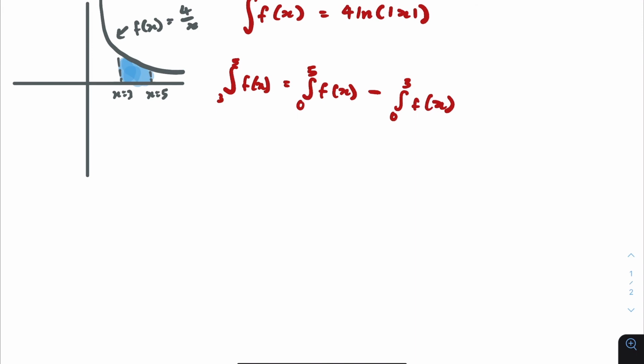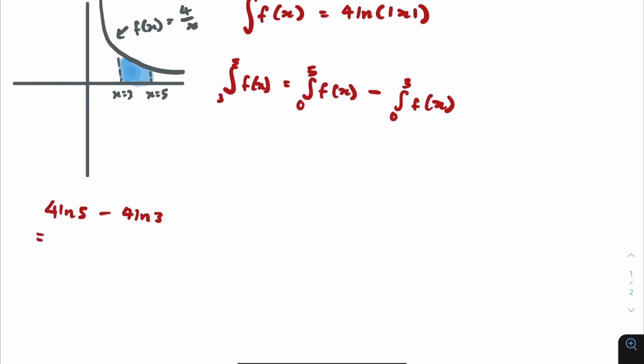Well, we know it's 4 ln x, so it's 4 ln 5 because we're substituting the upper bound in, minus 4 ln 3 as we substitute the lower bound in. So that makes it pretty simple, but now we need to write it in a more simplified version.